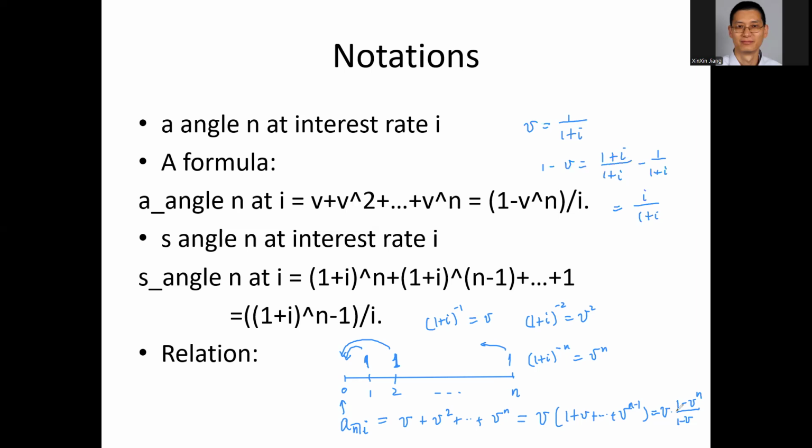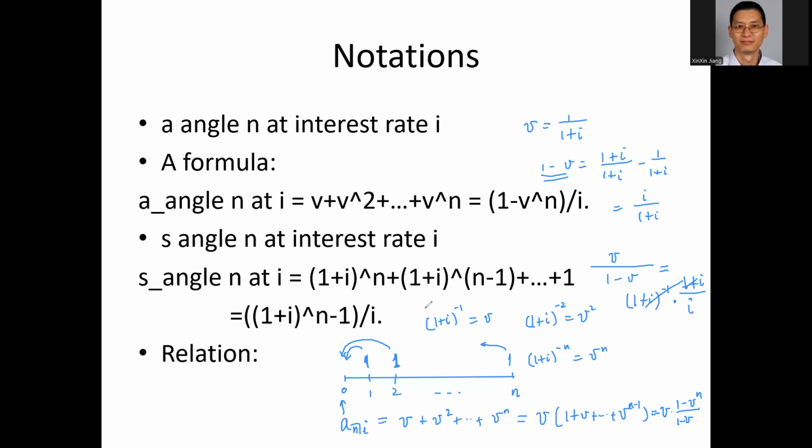But then you multiply by v, right? This is on the bottom, this is 1 minus v. So v divided by 1 minus v equals, v is 1 plus i to the negative 1, times, you flip it, i on the bottom, you have 1 plus i, you cancel out, you just have 1 over i.